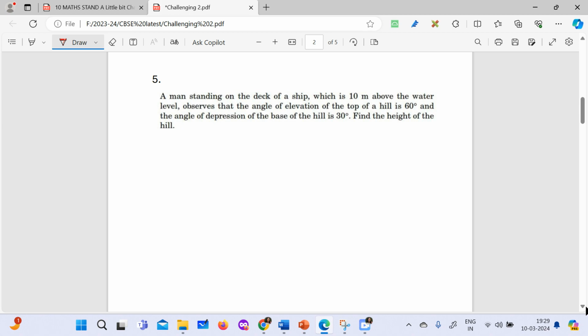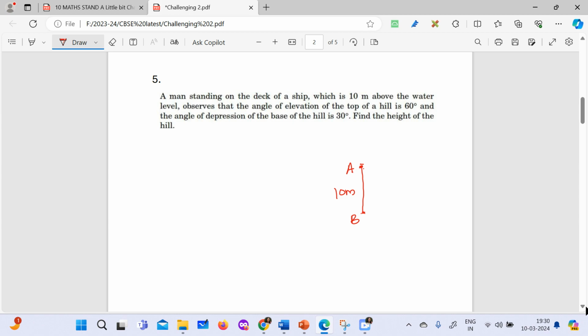So first let us draw the diagram. Let's say that this is 10 meter above the water level. This is the deck of the ship where the man is standing, A, and this is AB.